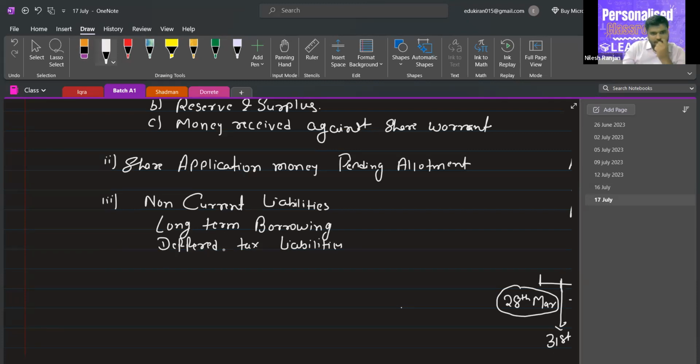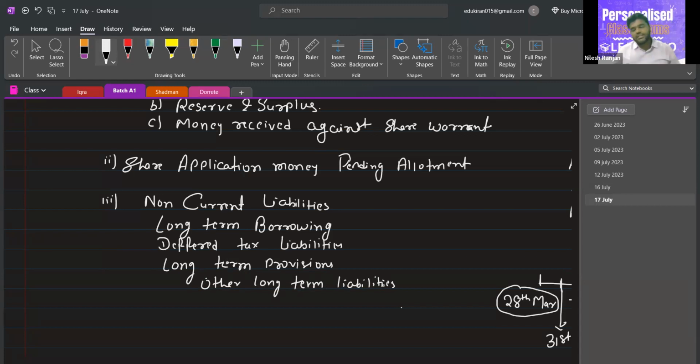The next is long-term provisions. And the last one is other non-current liabilities or long-term liabilities. Now, which are the items that are included in these 4 items?